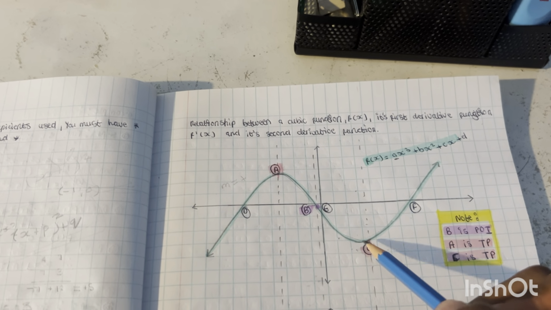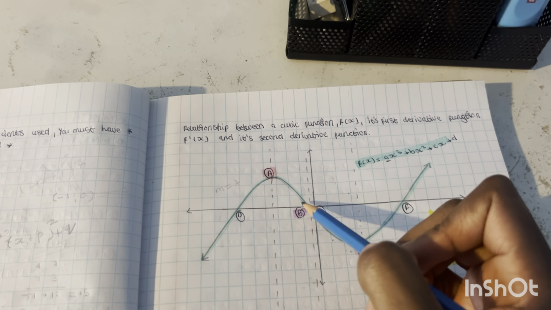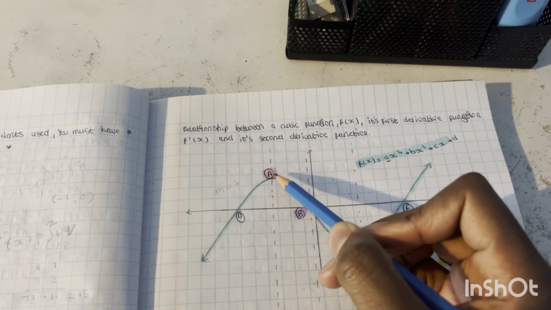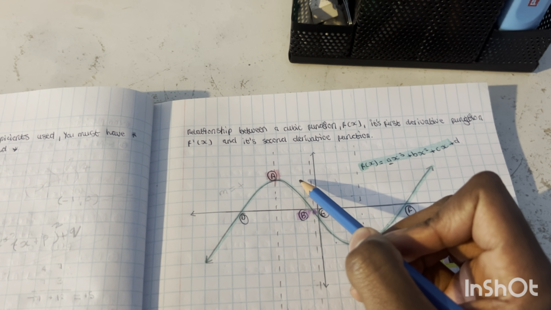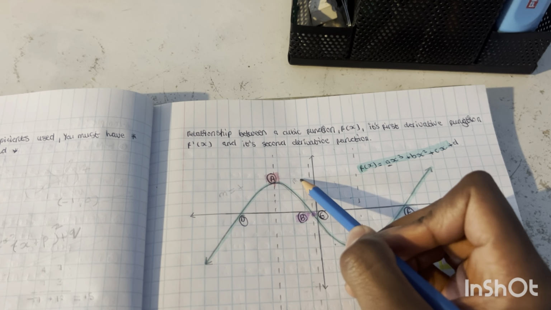You have your minimum point, because the graph is decreasing. So the gradient is negative. We can all agree?